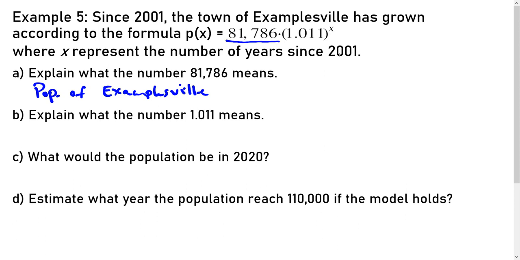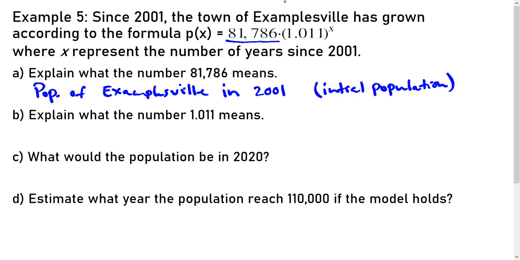Well, x represents the number of years since 2001. So if x was 0, that would mean that it was in 2001. So it is the population of Examplesville in 2001. We could also call that the initial population, although I'm pretty sure 81,786 people didn't just spontaneously appear, but that's going to be kind of the starting point for where they're looking at this growth model.